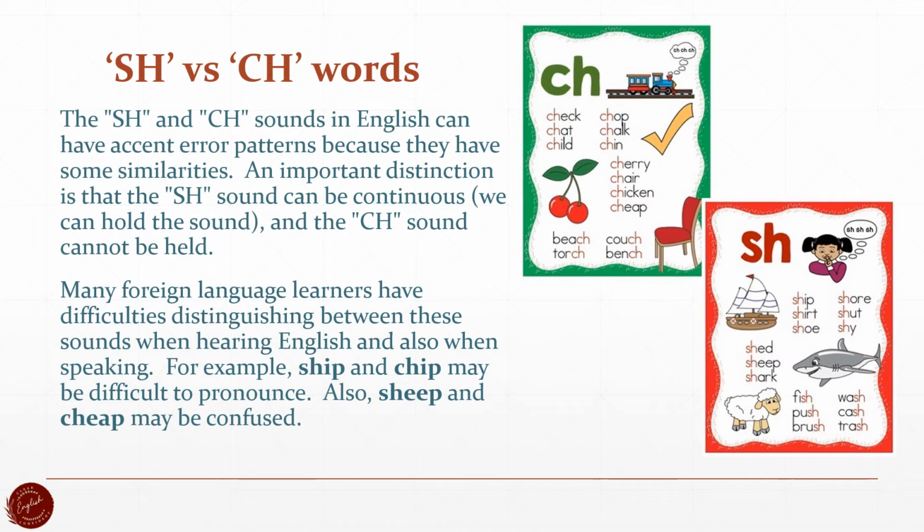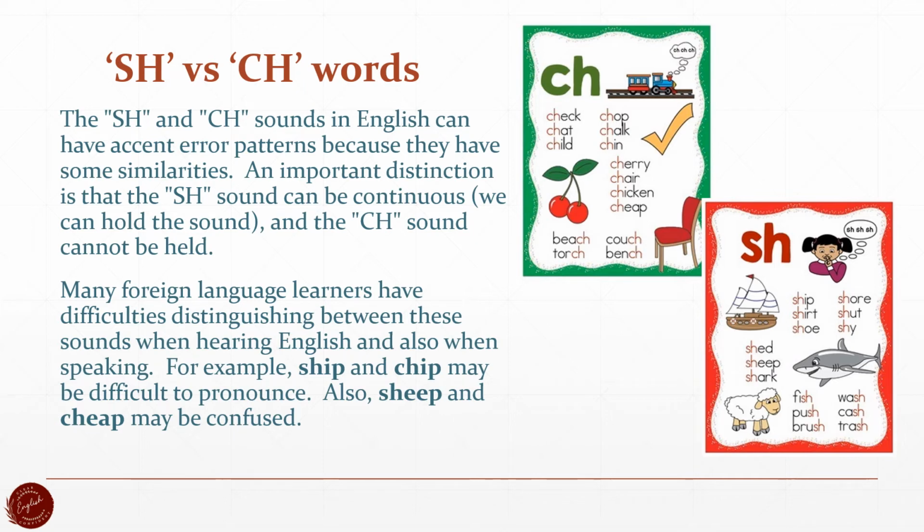The SH and the CH words are very easy to misunderstand and mispronounce, especially for English language learners. Some important distinctions are that the SH sound is continuous versus the CH sound cannot be held. For example, when I'm trying to pronounce the SH sound, I can hold it for a long period of time.